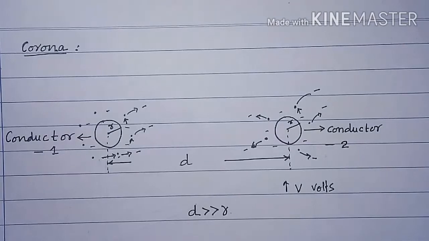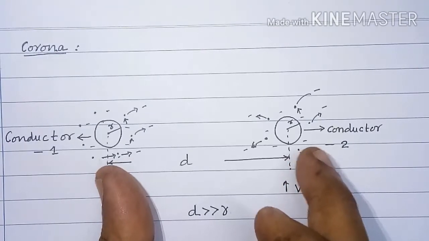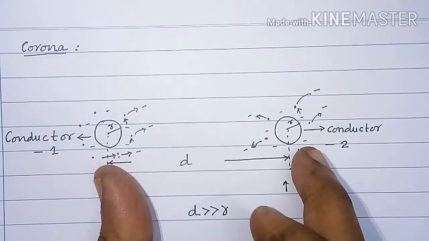Thus, the corona is a self-sustained electric discharge between the electrodes. Now these two are the electrodes here. For us, the line conductors which are transmitting the power are like electrodes.